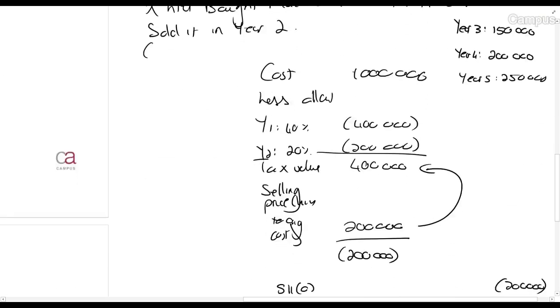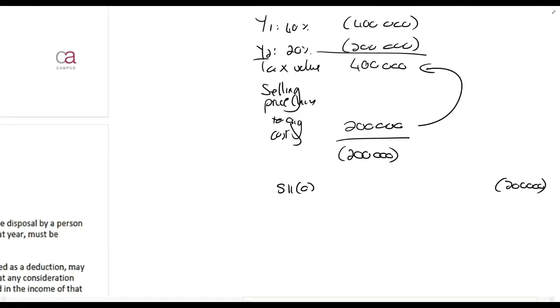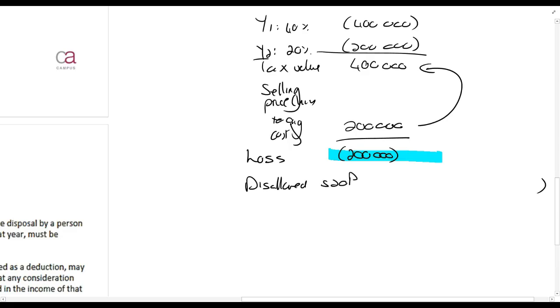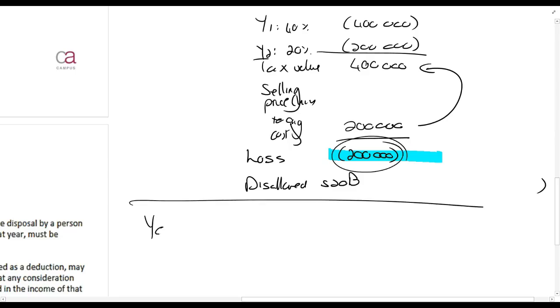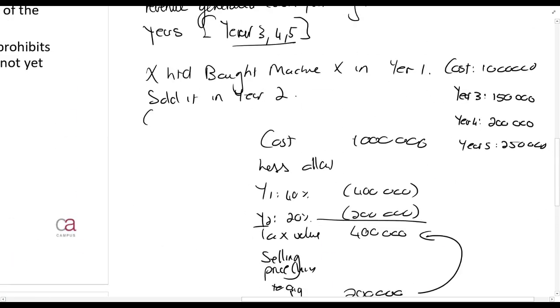What I want you to see is that in year 2 you now have this loss amount, and it is disallowed per section 20B. In the next year, year 3, you bring that loss forward, 200,000 rands, and you ask what the additional proceeds are that we received.